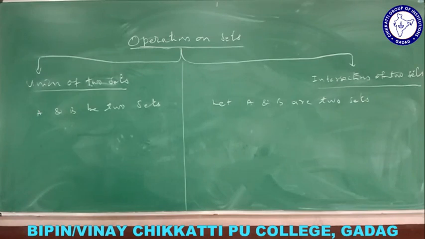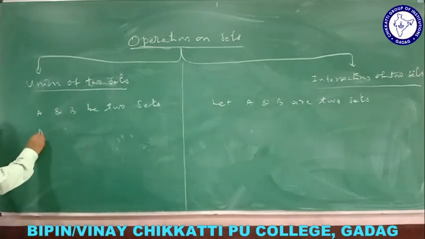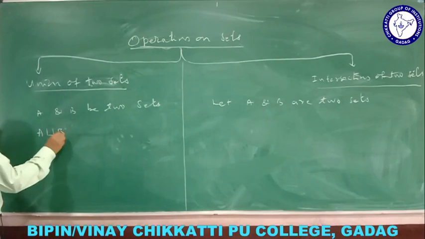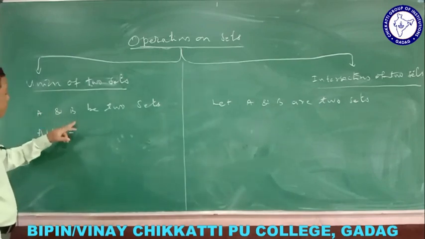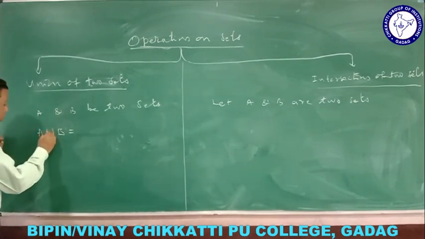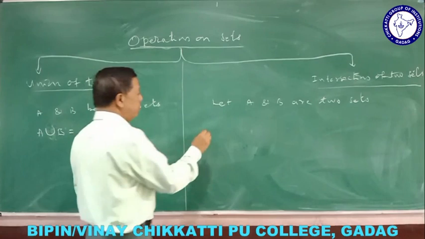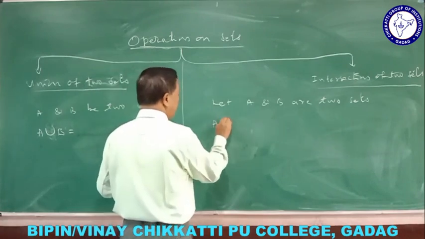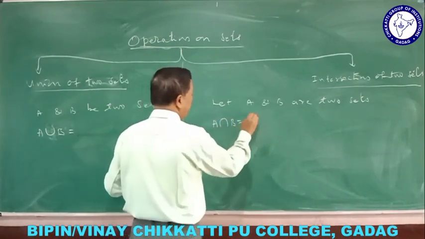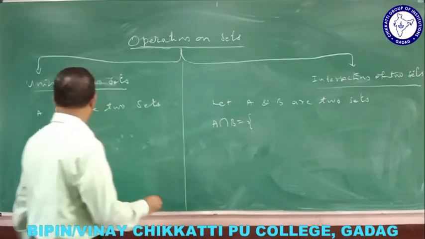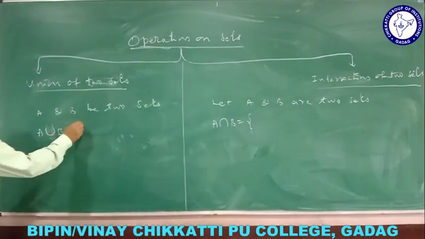The union of A and B is denoted by A union B, with the union symbol like this. And A intersection B we write like this.